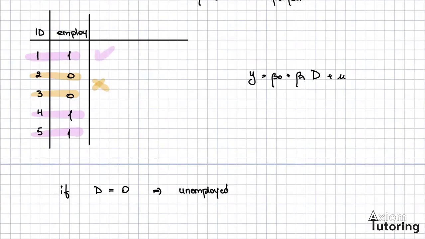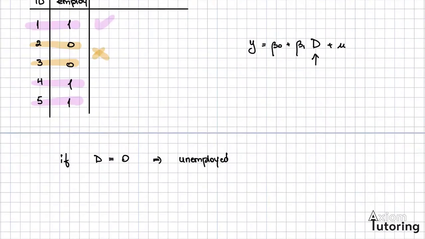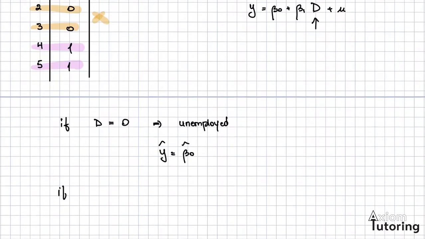And if I then substitute this d as 0 in my actual regression population model, then what I will have is simply that my y is equal to beta 0 when I do the estimation. And then if d is equal to 1, that means I'm actually looking into the employed people here.